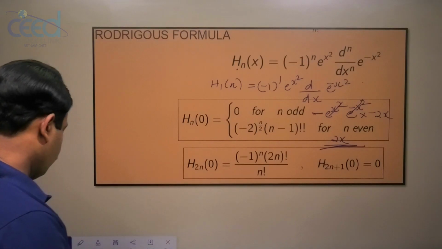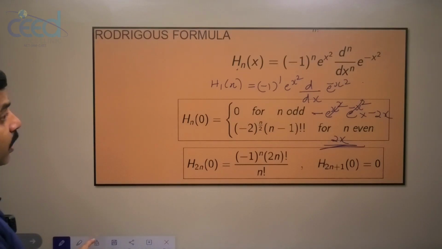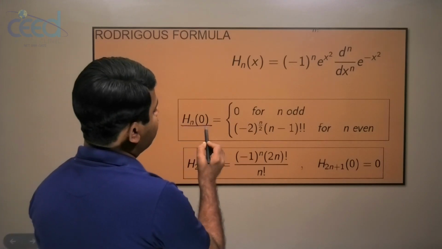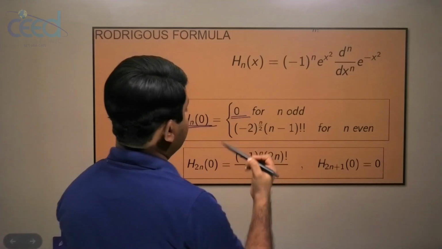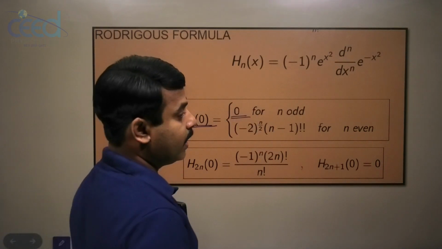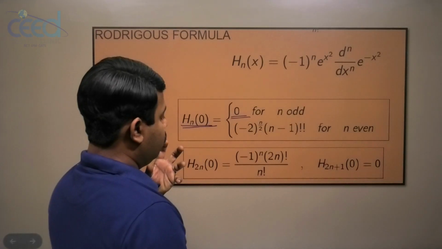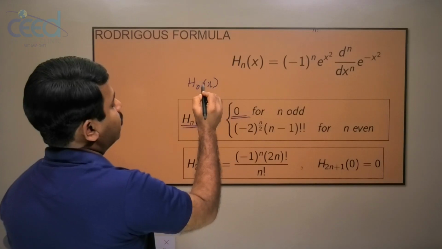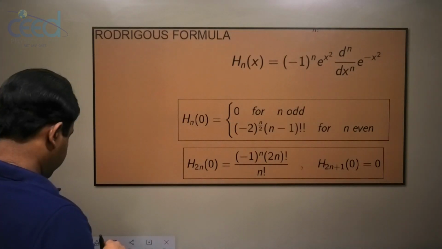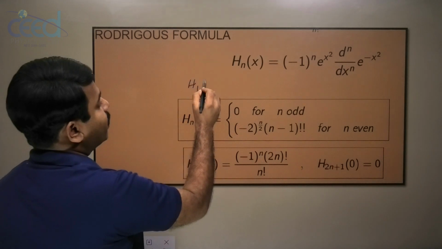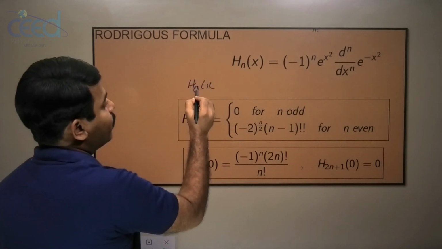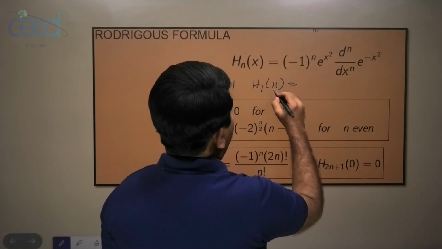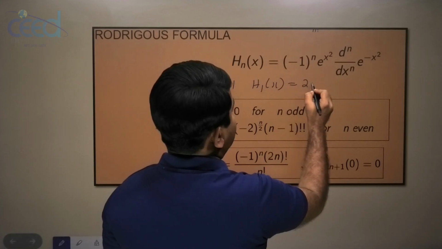Alright. Now next is, see, hn of x, its value hn of 0 is 0 for n odd. It's correct only. Look here. We studied h0 of x, that is 1, h1 of x, that is 2x, right.